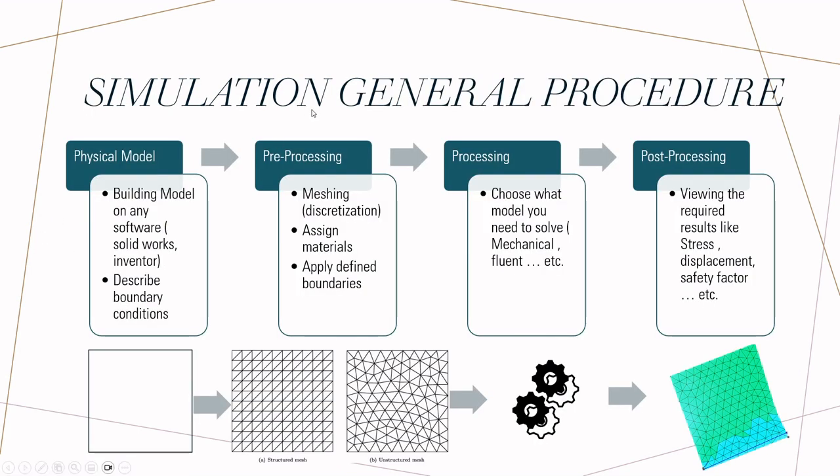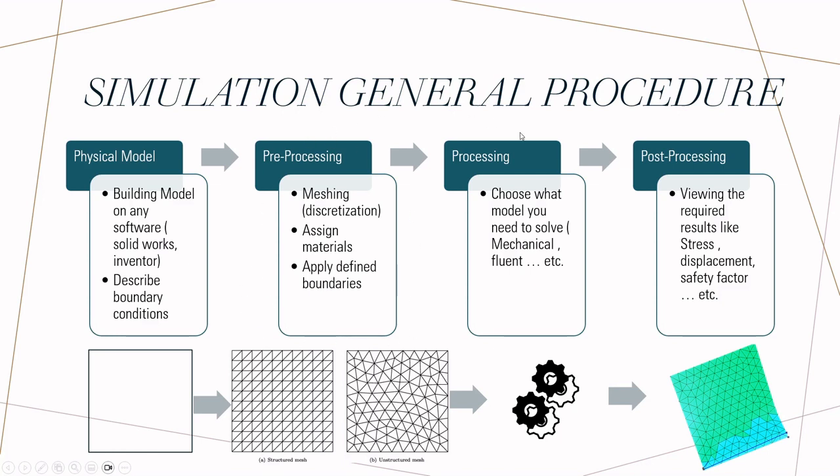Now we have a general approach or procedure for any simulation. First step, you should build your physical model using any software, SolidWorks or Inventor. Second step, you should implement your model into Workbench or Ansys simulation. In pre-processing, we will do meshing, then assign the material you want to solve, then apply the defined boundaries.